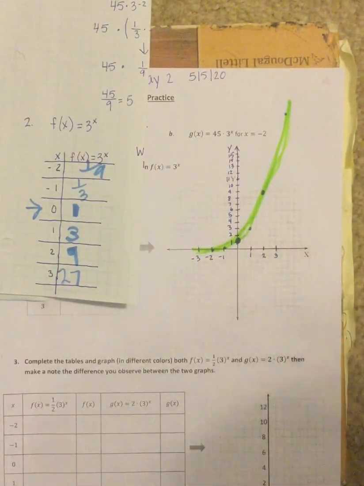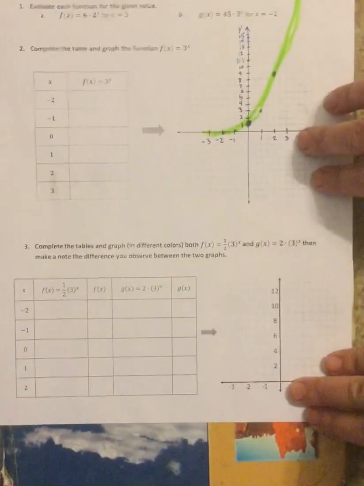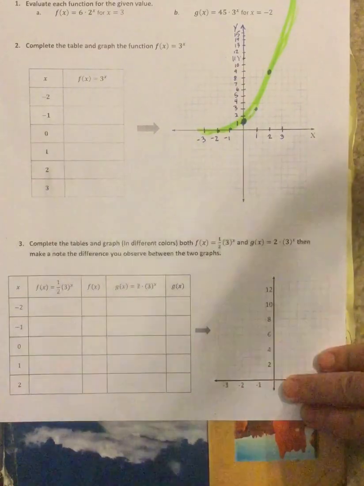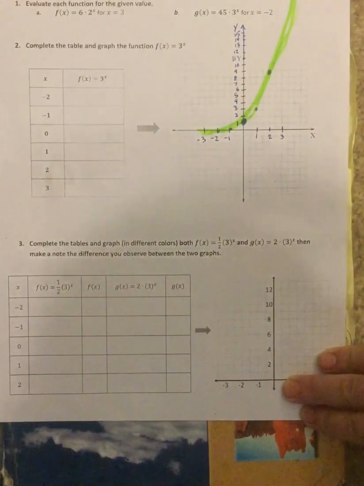All right, so let's look at the next problem here. So we have complete the tables and graph in different colors, both f of x equals 1/2 times 3 to the x, and g of x equals 2 times 3 to the x. Okay, so anyway, we'll go through it.